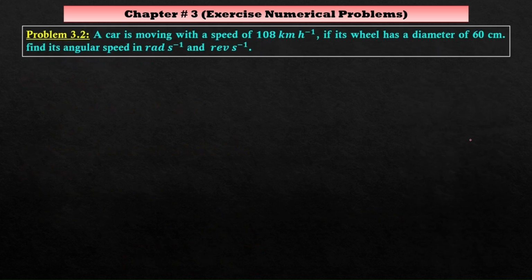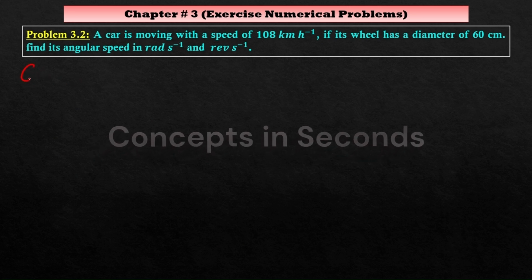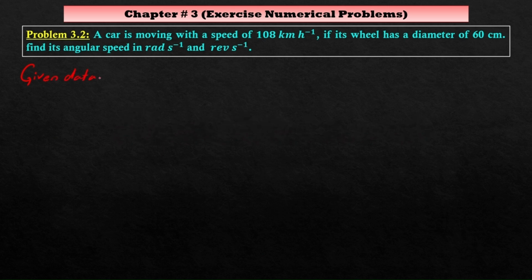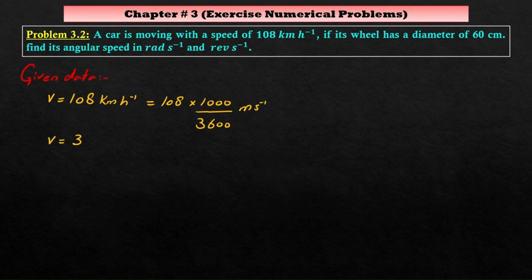Numerical number 3.2. A car is moving with the speed of 108 km per hour. If its wheel has a diameter of 60 centimeter, find the angular speed in radian per second and revolution per second. So the given data is V is equal to 108 km per hour, which is converted into meter per second by multiplying it by 1000 and dividing by 3600. So V is equal to 30 meter per second.